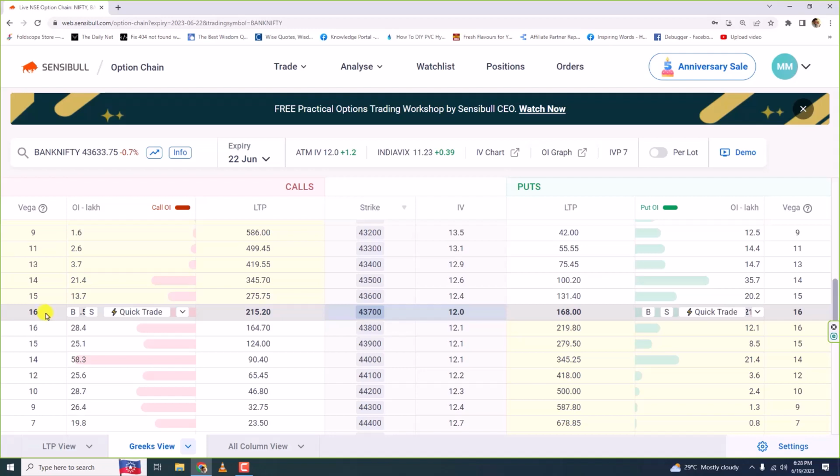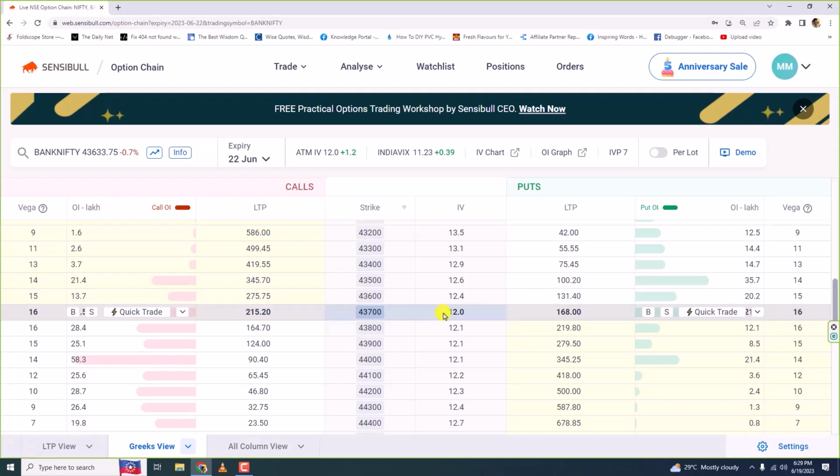Next, Vega is the effect of IV. Vega and volatility are not the same. Vega is the effect of volatility. Both are different. I told you what volatility is, correct?